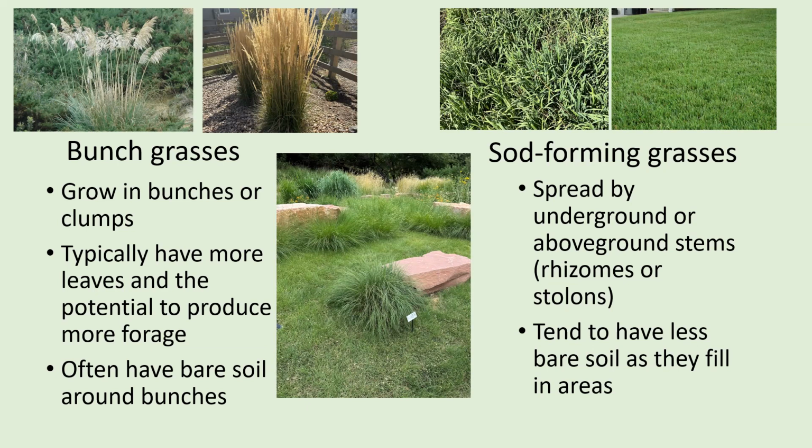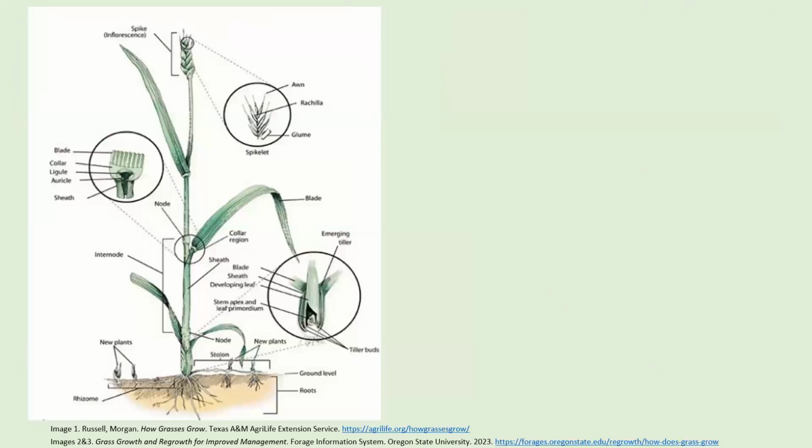And then a lot of our lawn grasses, so Kentucky bluegrass is a sod former. The other one we are starting to use more in lawns is buffalo grass. That's a native that you can see down in that middle picture surrounding that bunch grass. That is buffalo grass, which spreads by above ground stems, so you'll be able to easily spot those if you are in an area that has buffalo grass.